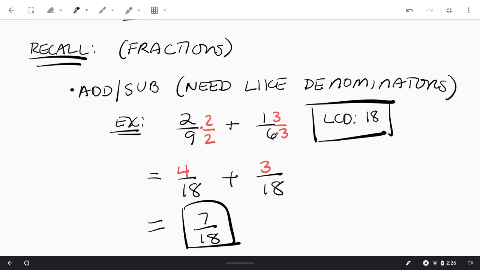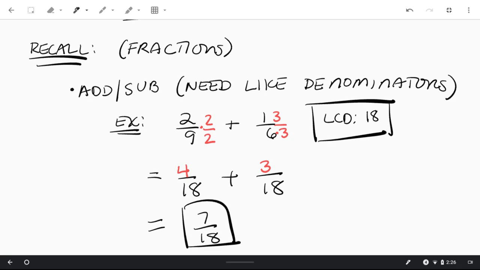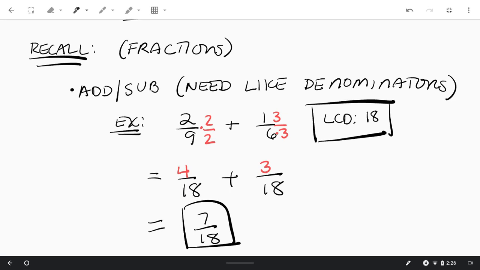So what we do here is basically what we're going to have to do with rational expressions, except that here it's very easy to identify the LCD. When we do it for the rational expressions, it's a little trickier.